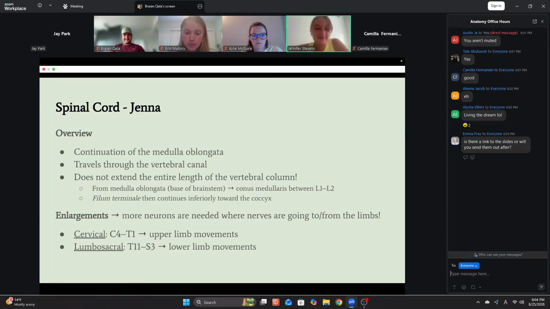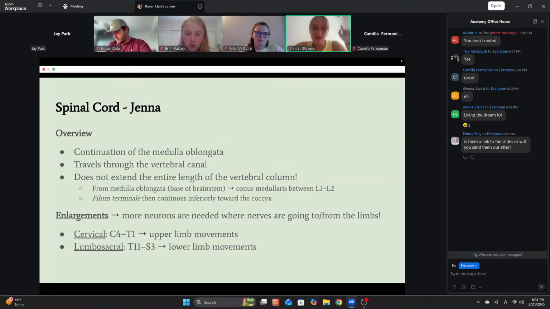Okay, sorry. So yeah, spinal cord, this slide is just a super brief overview. I think the biggest takeaway is that the spinal cord doesn't extend the full length of your vertebral column. It goes from the medulla oblongata, sorry guys, but that's pretty much just a fancy word for the base of your brainstem, which I feel like makes sense.